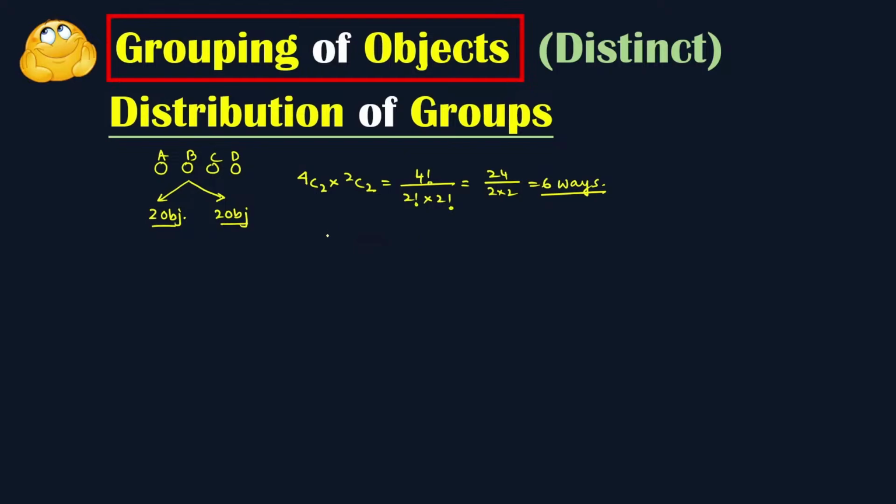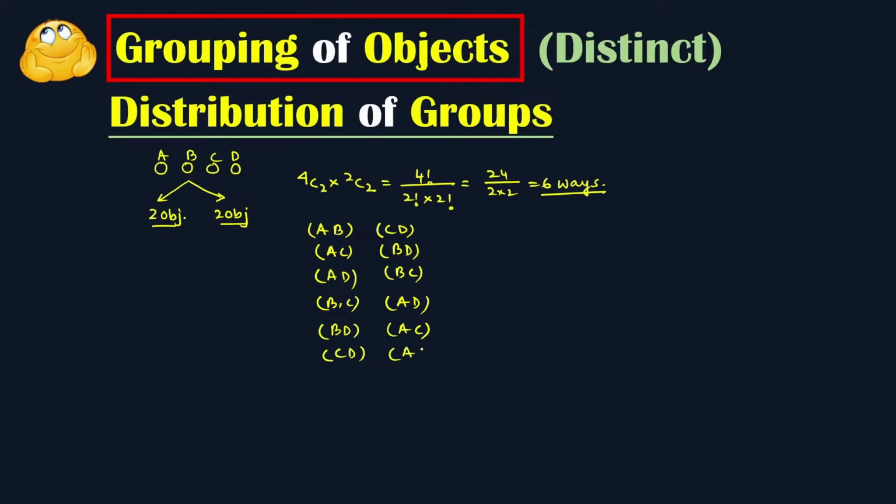Let me just write all those groups possible. Let us say in one group we have AB, the other group obviously will have C and D, or AC, BD, AD, BC, or BC, AD, or BD, AC, or CD, AB.